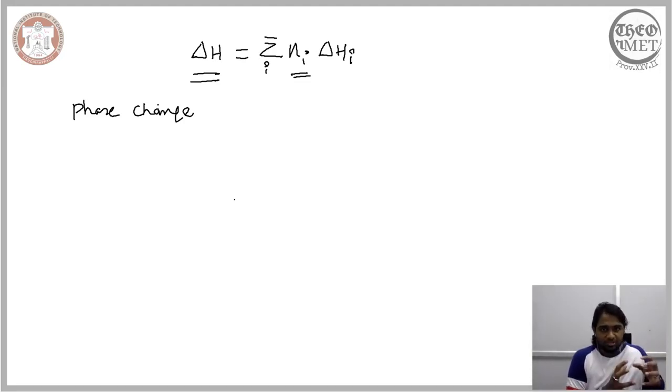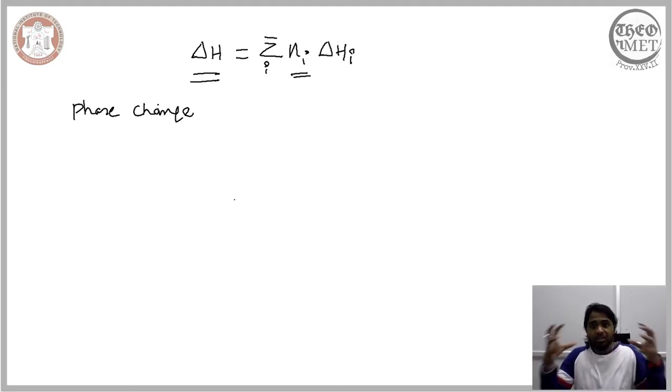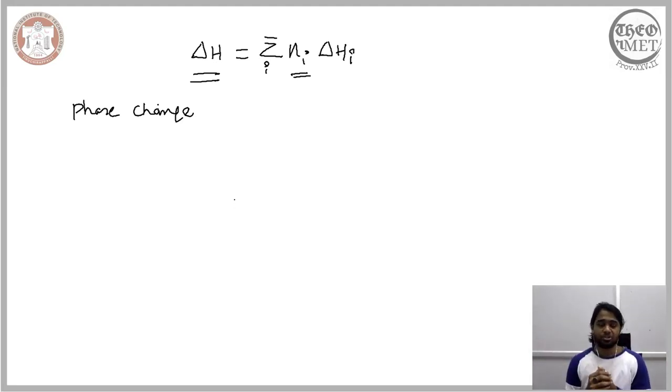In the previous lecture we saw that an entire reaction, however complicated, can be broken down into smaller steps, and the overall change in the enthalpy of the entire reaction can be estimated by considering the individual manipulation and the summation of it. Now we will consider how this enthalpy change occurs during a phase change.